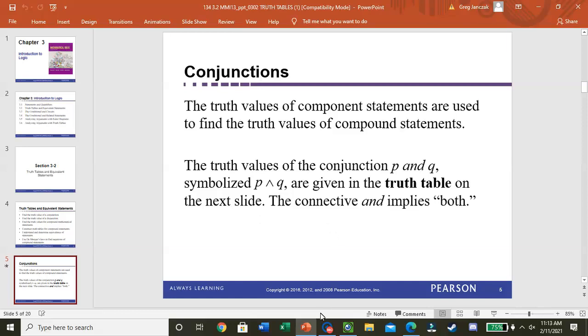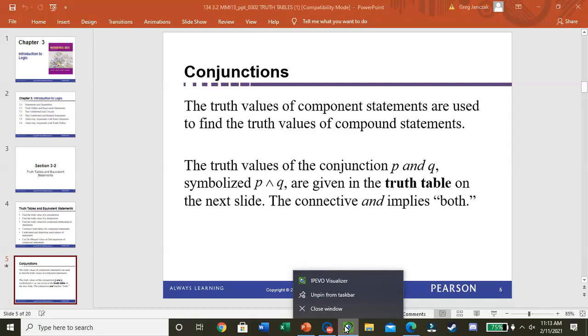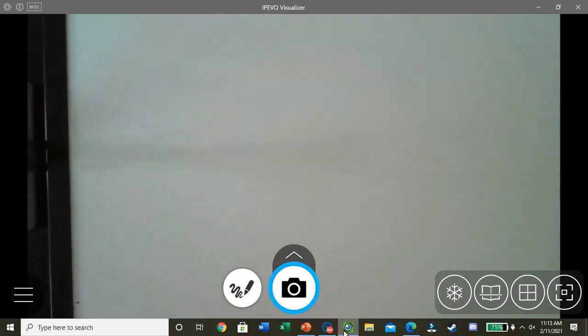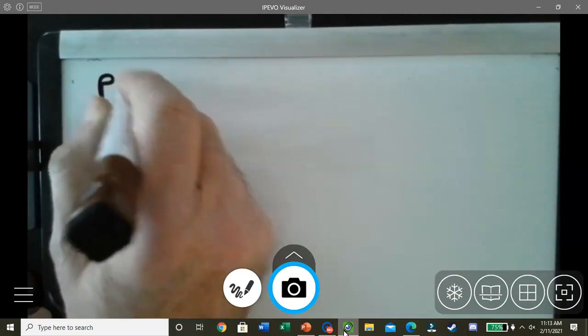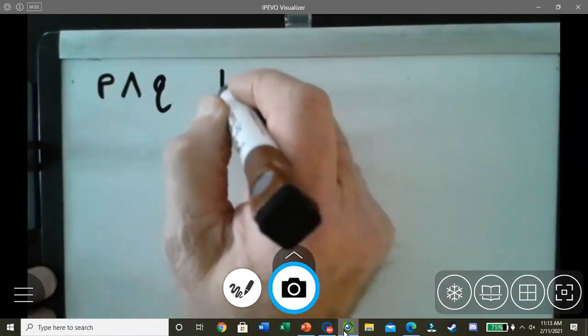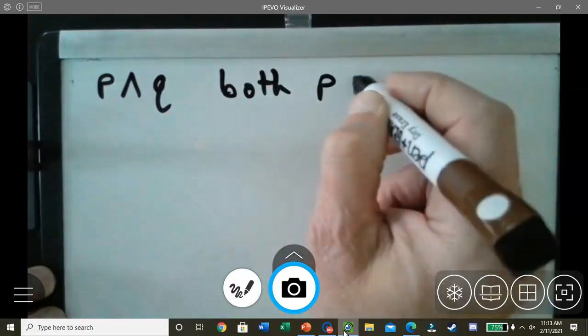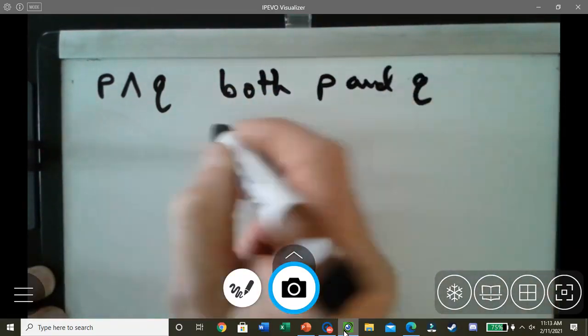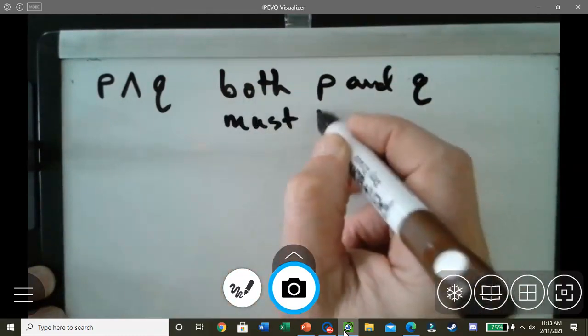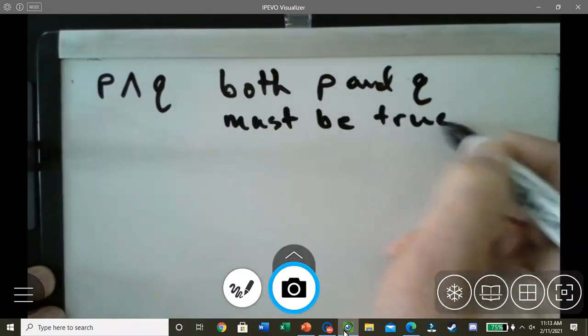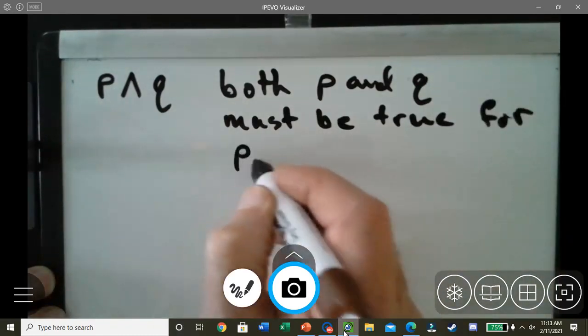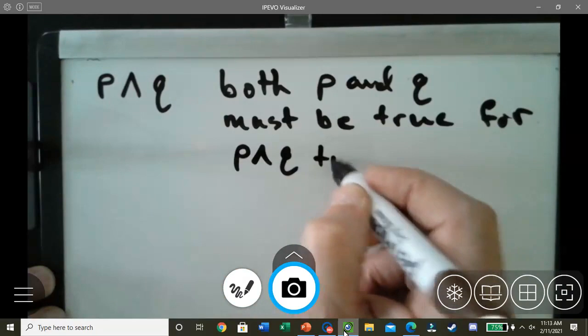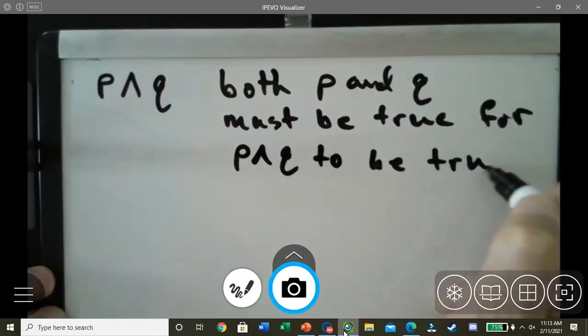So with statements P and Q, both P and Q must be true for P and Q to be true. Okay?